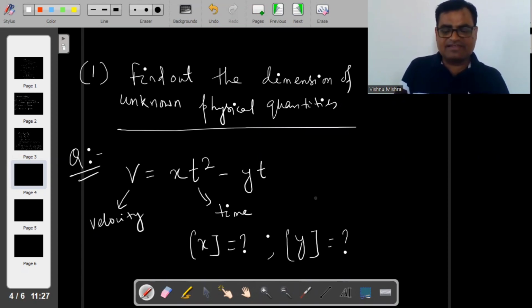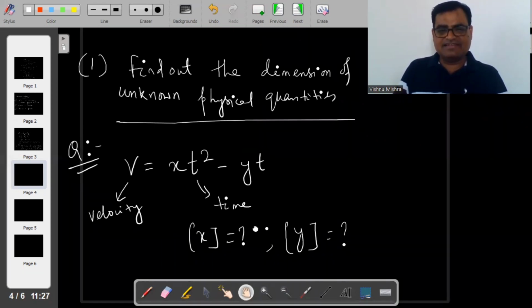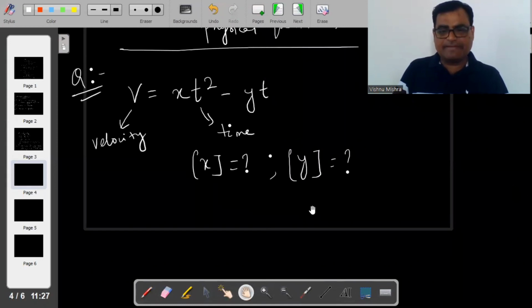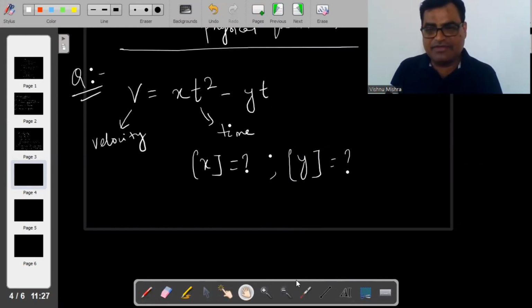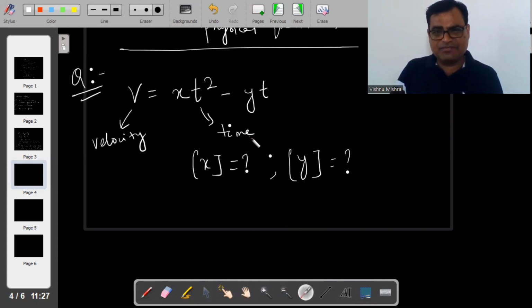So how to find out this dimension of x and y? Let's see this. Can you find it? Okay, try it. Right, always try. Let it be wrong and match with my answers. Look here. Minus is here. Therefore, dimension of v is the same as dimension of xt square, which is the same as dimension of yt.